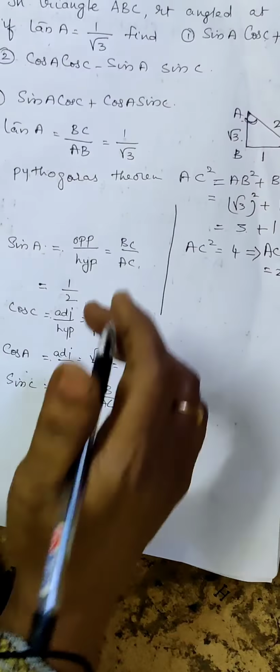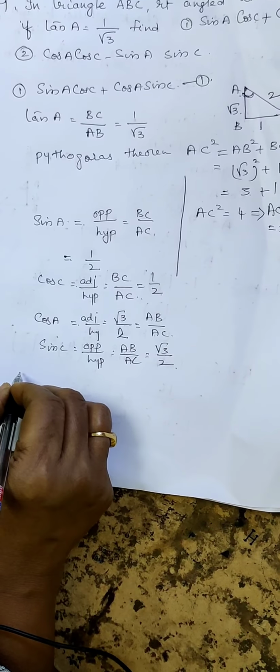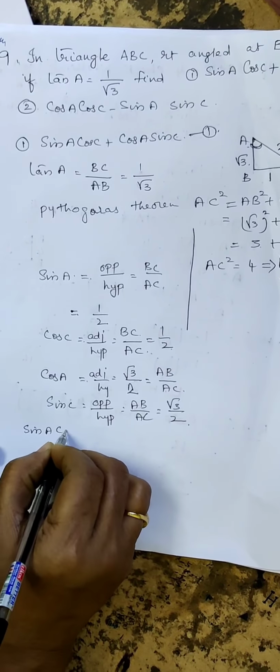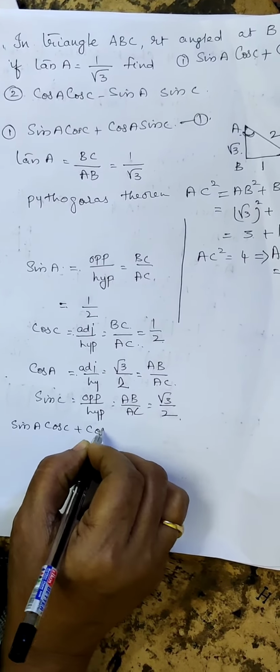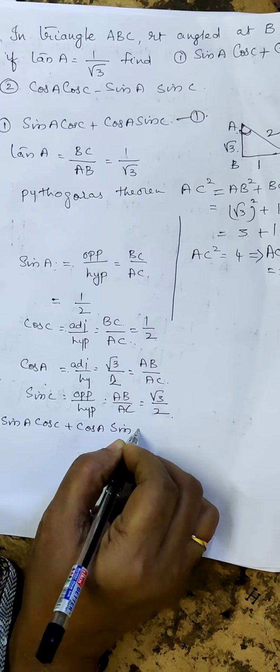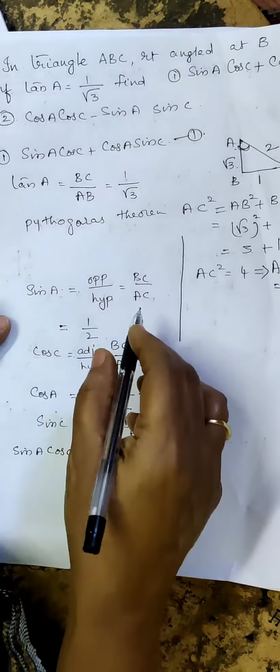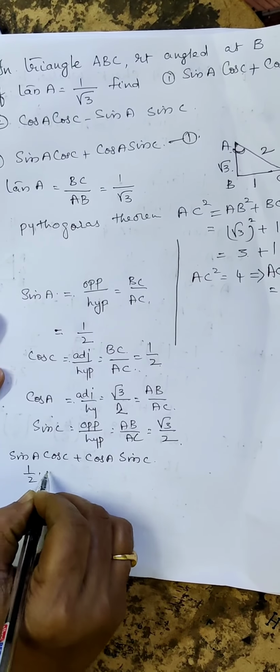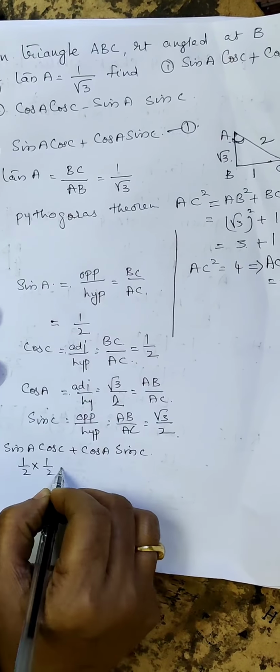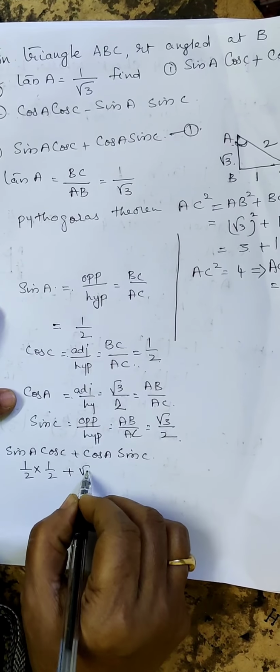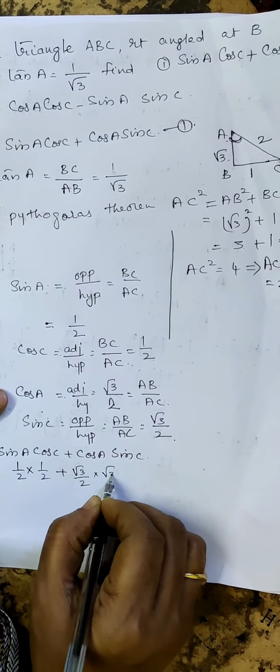So now let us substitute all these values in equation 1. Sin A cos C plus cos A sin C. What is the value? Sin A cos C means 1 by 2 into 1 by 2 plus root 3 by 2 into root 3 by 2.